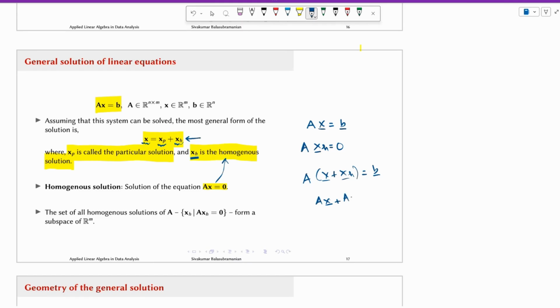A times x plus xh gives b plus 0, so I still get b. That means whenever you solve Ax equals b, if you add any homogeneous solution to that solution, you'll still solve Ax equals b, because homogeneous solutions essentially go to 0 when you multiply them by A.